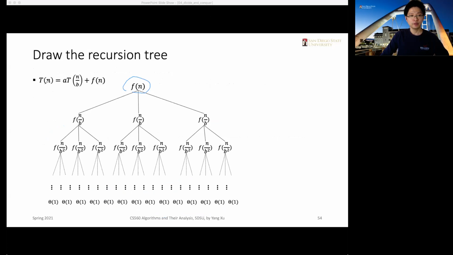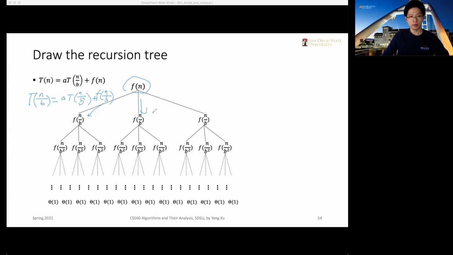So if we substitute n over b into the equation, it will be something like f of n over b squared plus f of n over b. That's why there's f of n over b at depth 1, or level 1.